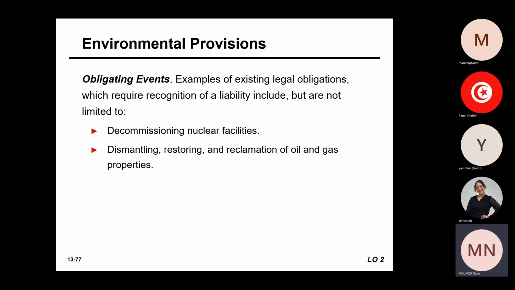When you have to dismantle, restore, and reclaim oil and gas properties. So this is just the example that I gave. When you have to dismantle, so to retire the long-lived asset that you used for exploring oil and gas on those properties.